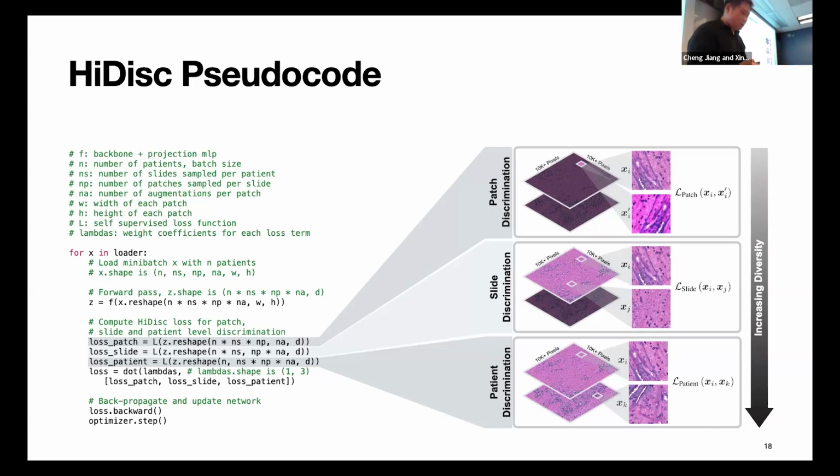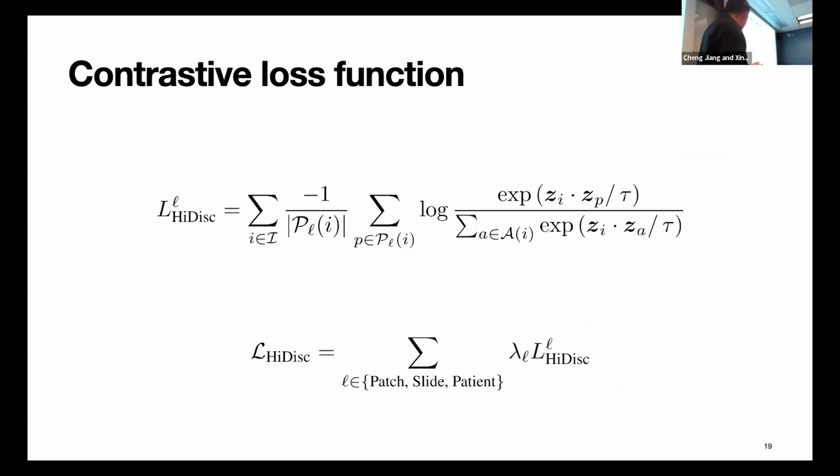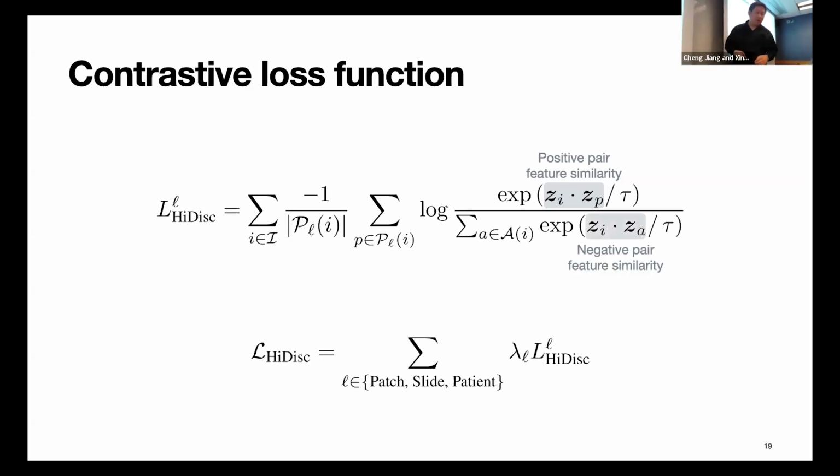Going a little more into the loss function, we're employing a contrastive learning objective here, which we don't have to use, but that's the loss we studied when developing this method. In the contrastive loss, we have the positive pair feature similarity in the numerator and the negative pairs' feature similarity in the denominator.